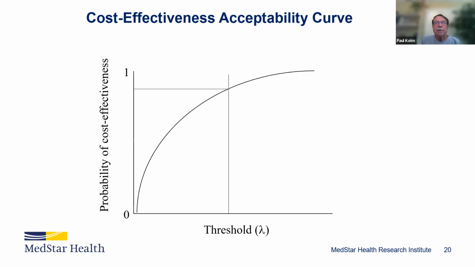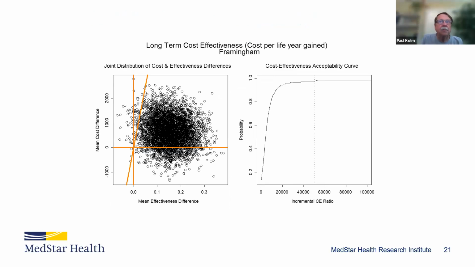And so an example of this from the last plot, the cost effectiveness plane, our cost effectiveness acceptability curve in this case is really good because we see that the probability of it being cost effective, even at $20,000, the probability of our treatment being cost effective is 90%.